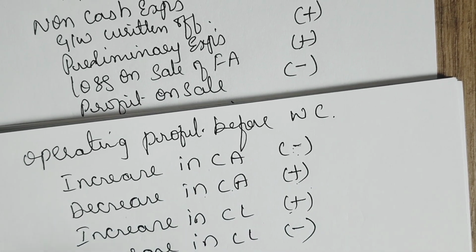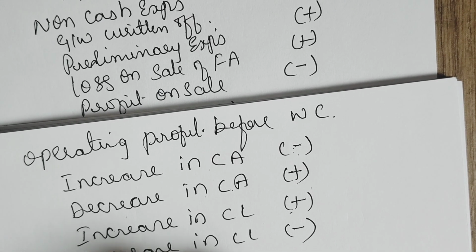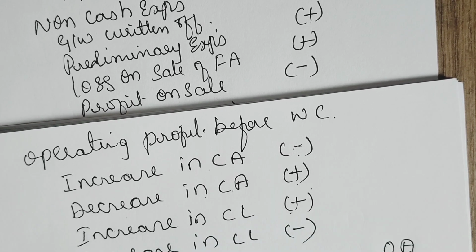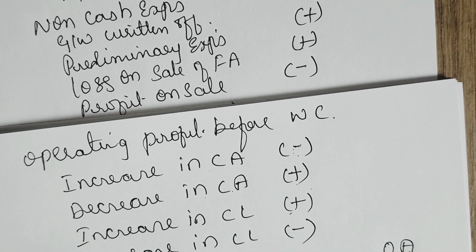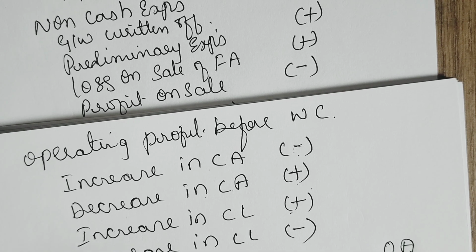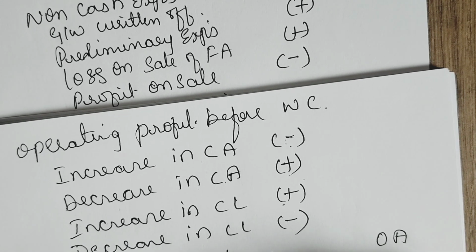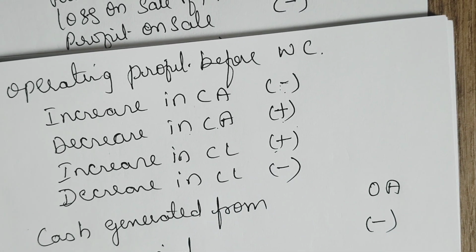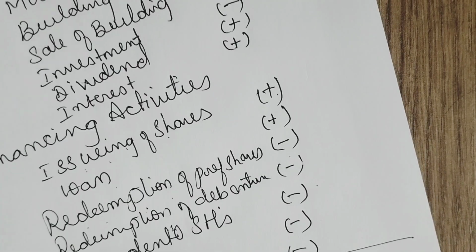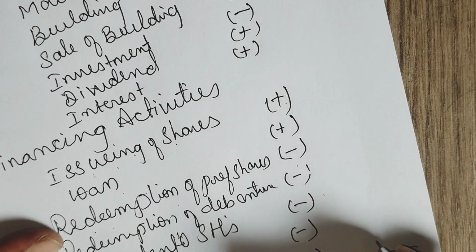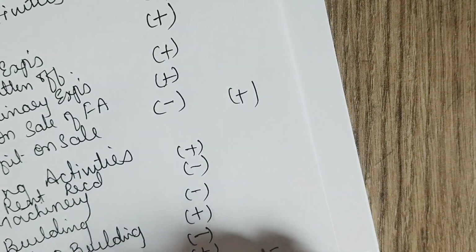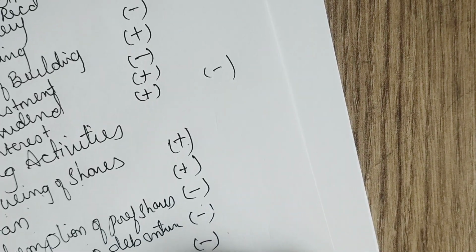Then you will get cash generated from operating activity. Then from this you need to minus the tax paid. At the end, all these heads, whatever you have calculated, positive or negative, you are going to take.